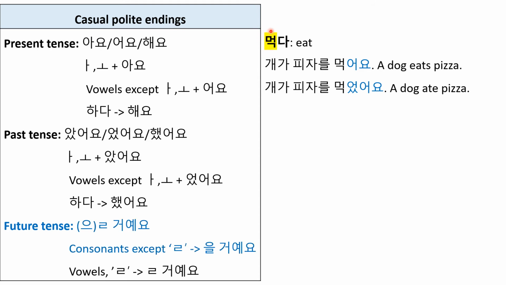So, 먹 ends with a consonant other than 리을. 먹다's ending should be changed into 을 거예요. 먹 plus 을 거예요. 먹을 거예요. Will eat. 개가 피자를 먹을 거예요. A dog will eat pizza.